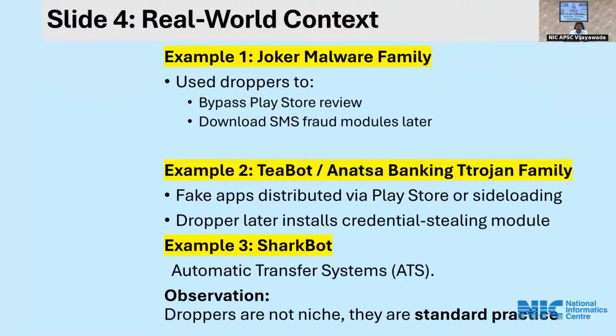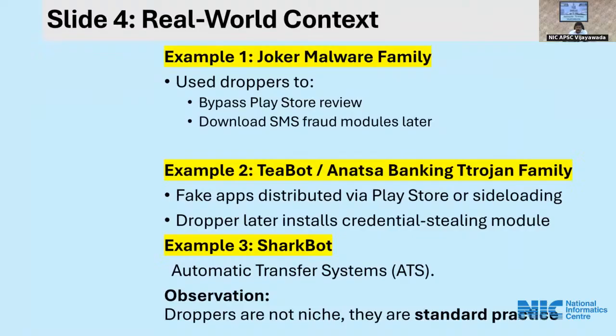Then the Trojan can read the screen because it is an accessibility permission. It can simulate taps and intercept notifications. It can wait for the user to open a banking app, then overlay a fake login screen that steals the credentials. It can also forward OTP messages because the accessibility permission enables the app to do all these things.